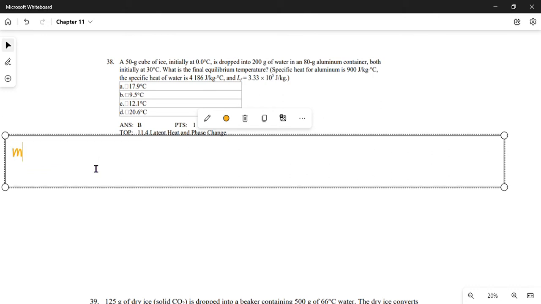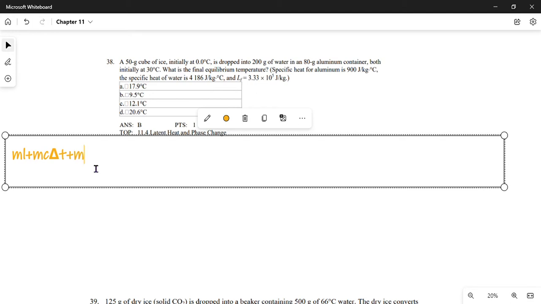So you will calculate ML for the ice plus MC delta T of the ice. I can't write a specific symbol for every material because I don't have the ability to do this on my keyboard, but please concentrate on what I say.